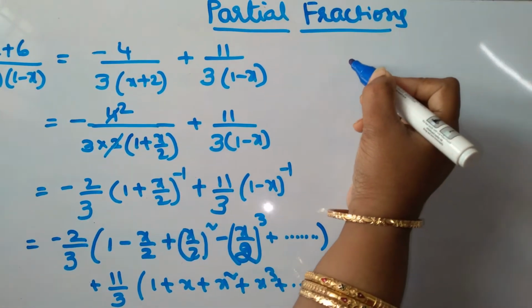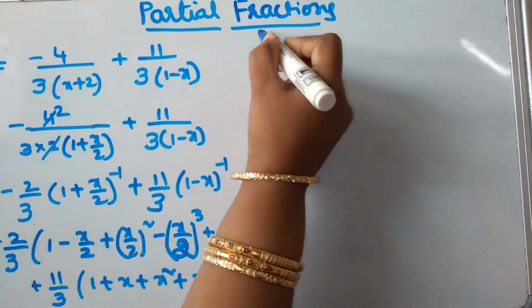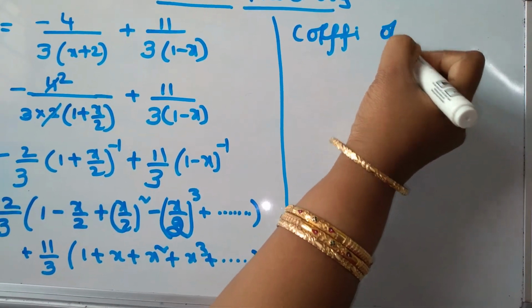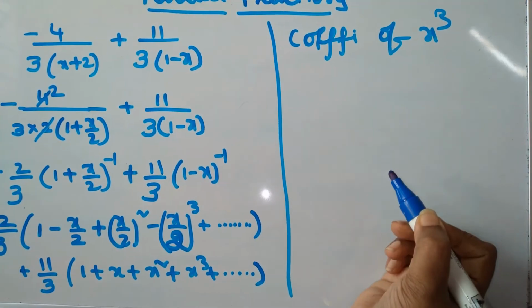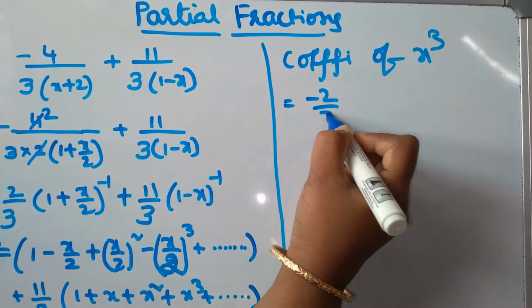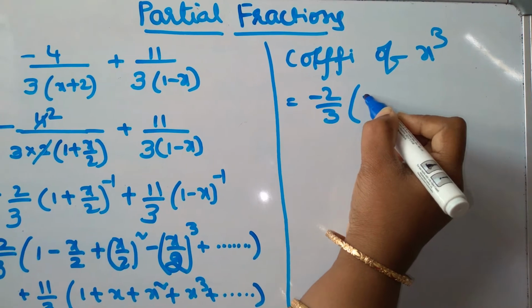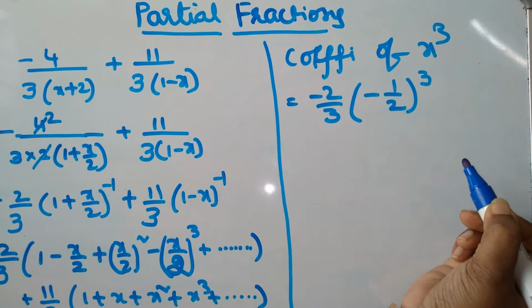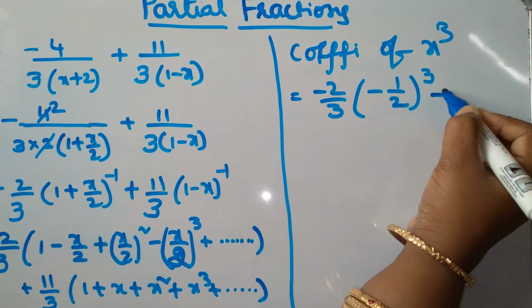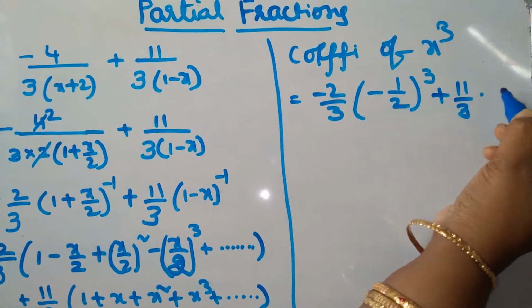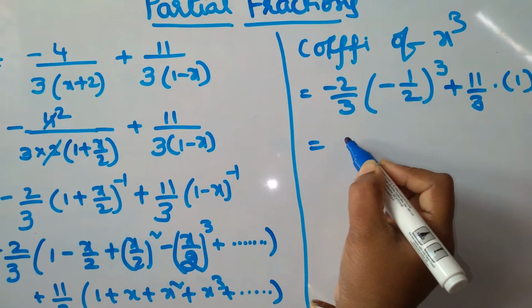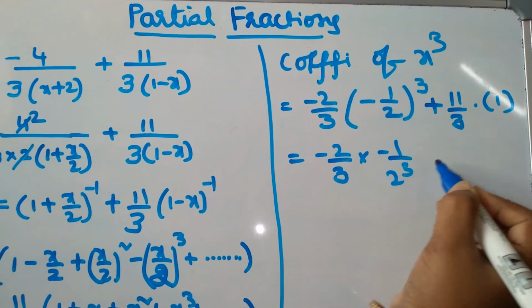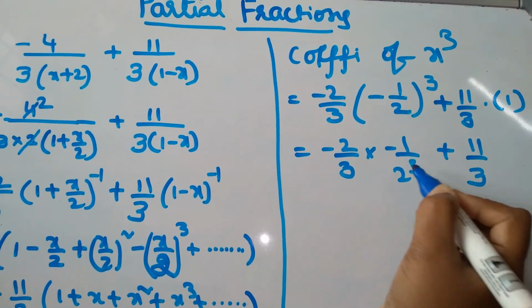Now we need to find the coefficient of x cube. For that, minus 2 by 3 into (minus 1 by 2) whole cube plus 11 by 3 into 1, that is equal to minus 2 by 3 into minus 1 by 8 plus 11 by 3.